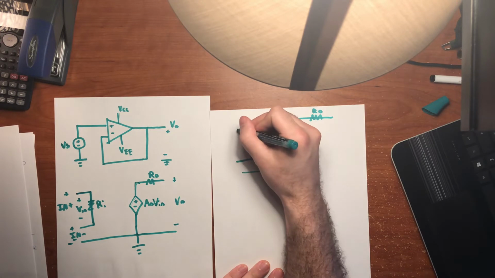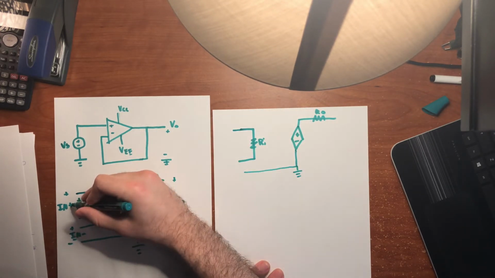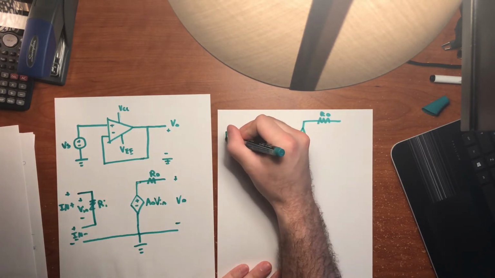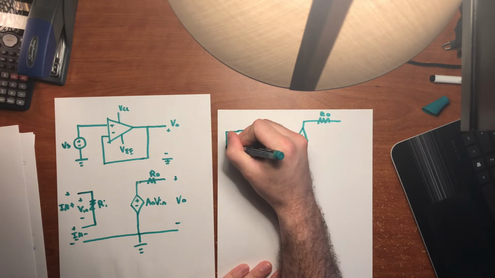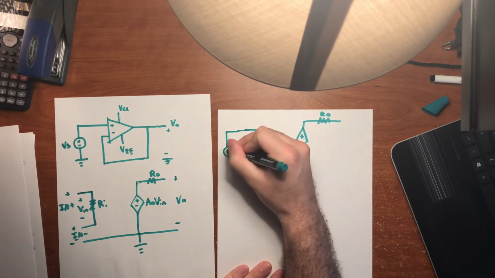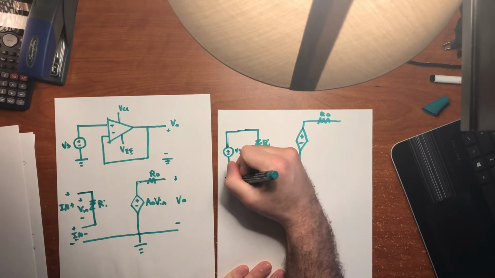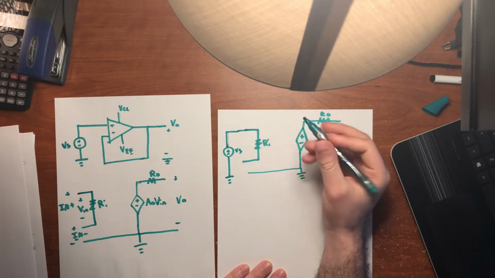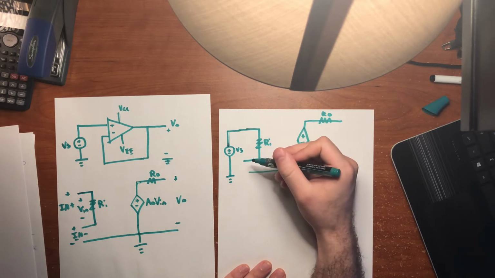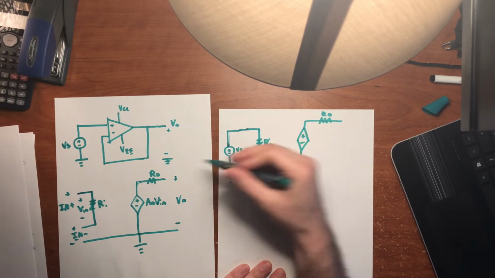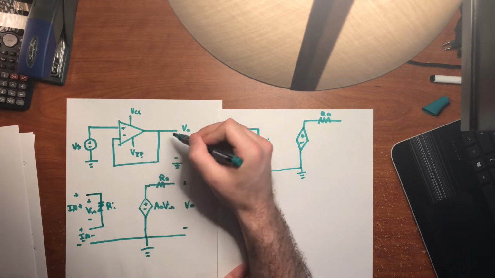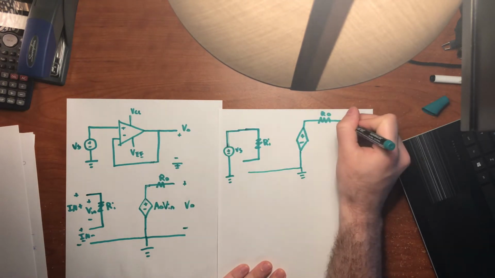And the non-inverting input is actually connected to a voltage source. So this is plus or minus Vs, which is connected to the ground. And this part, the inverting input, is actually connected to V out, which is over here.